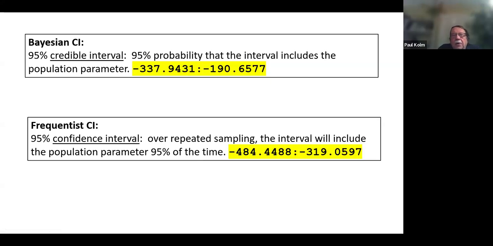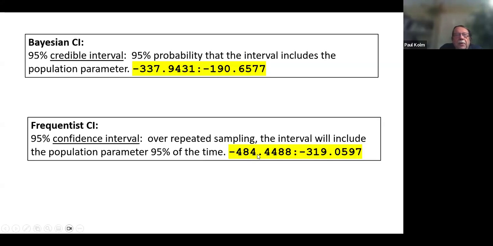And so notice that we get different numbers here that have different meanings. Here we're 95% confident that this interval contains the true population parameter.